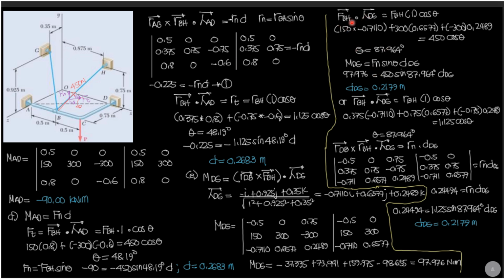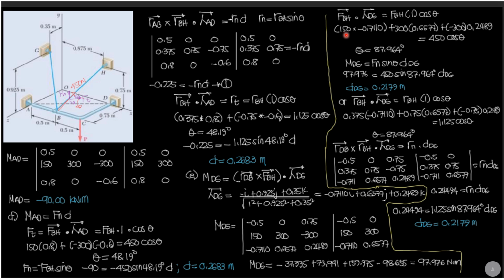That is obtained by dotting F_BH, force BH, with the unit vector of DG. To expand, it's the magnitude of force BH, which is 450, times magnitude of unit vector 1, times cosine of the angle between them. Remember, F_BH is 150i, 300j, negative 300k, and lambda of DG we have just defined as this.